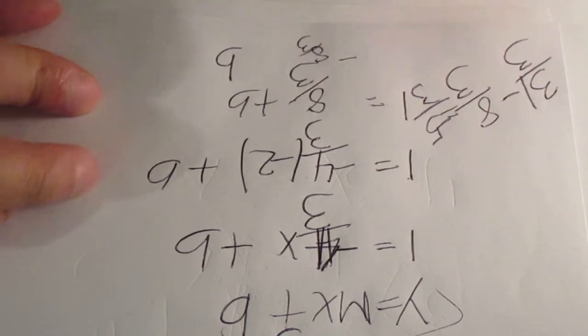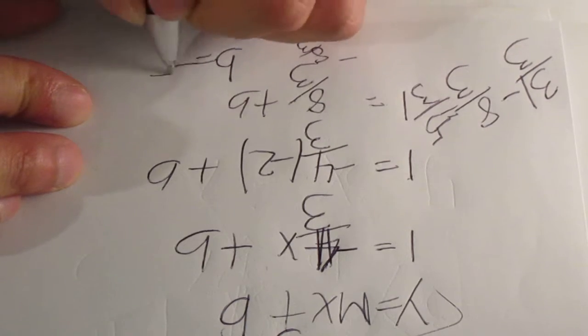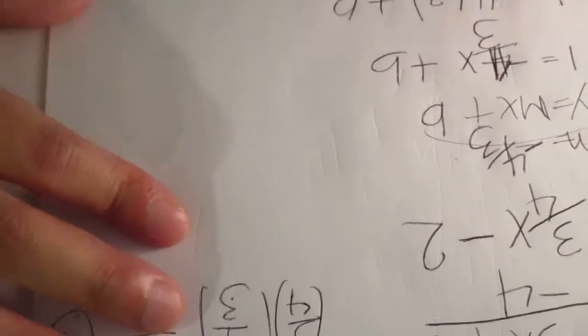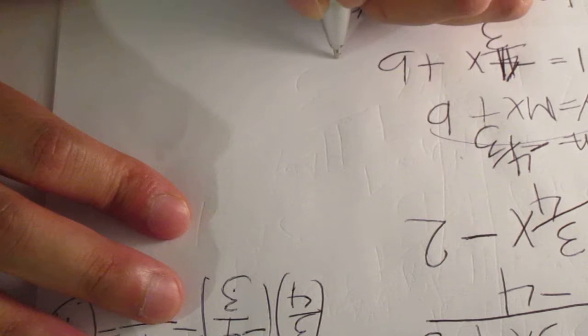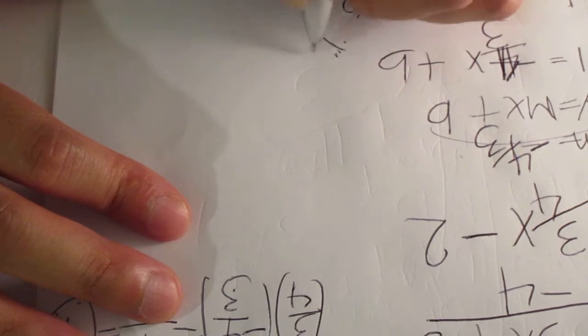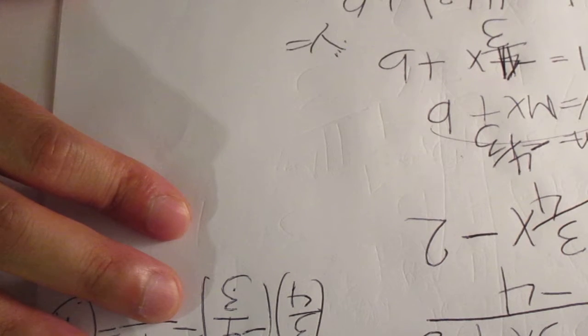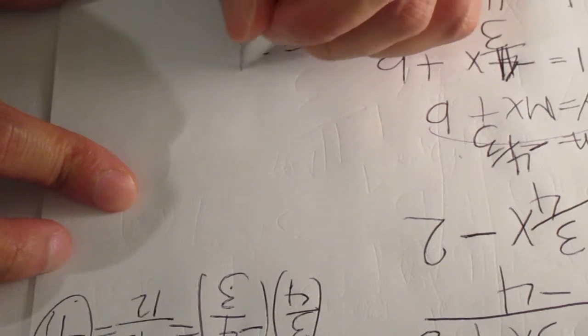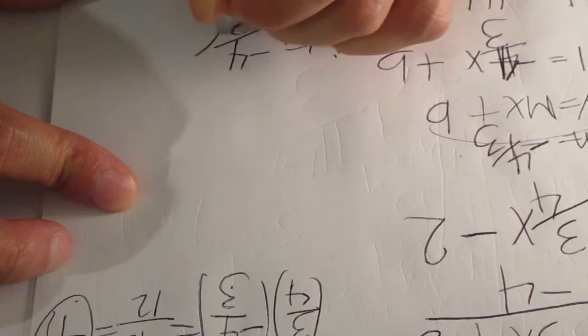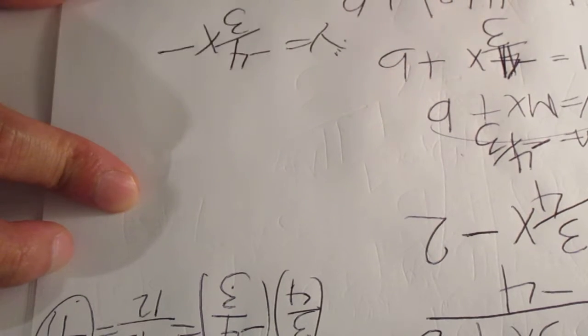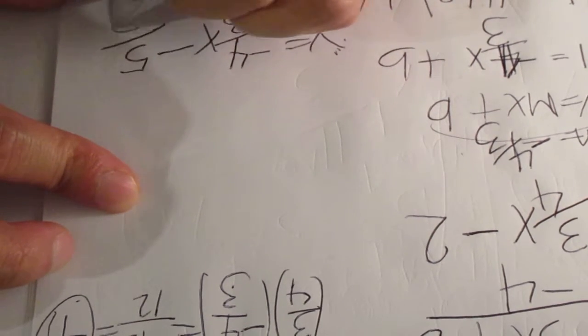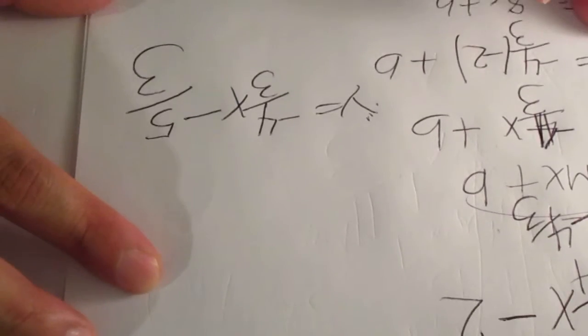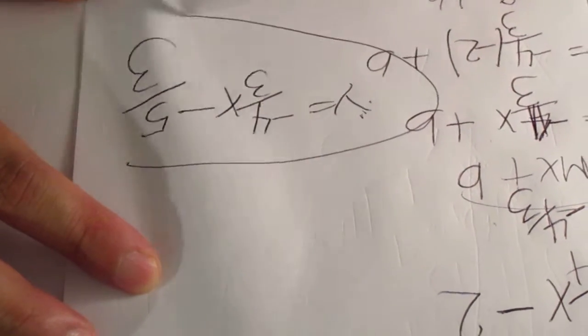So our b is -5/3, and then our line for perpendicular is y equals -4/3 x minus 5/3. And that's how you do the perpendicular.